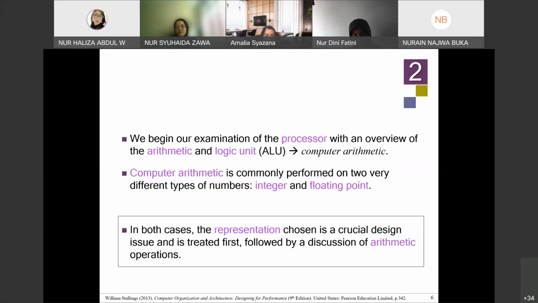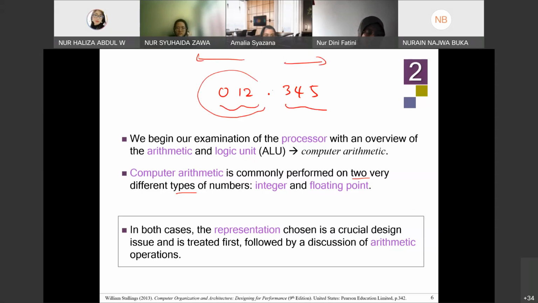Then, computer arithmetic is commonly performed on 2 different types. This one no need for me to explain anymore, because you know, in terms of our numbering system, 0, 1, 2, 3, 4, 5, you have the difference between the integer side and after your radix point, it will be different, which we call a floating point.